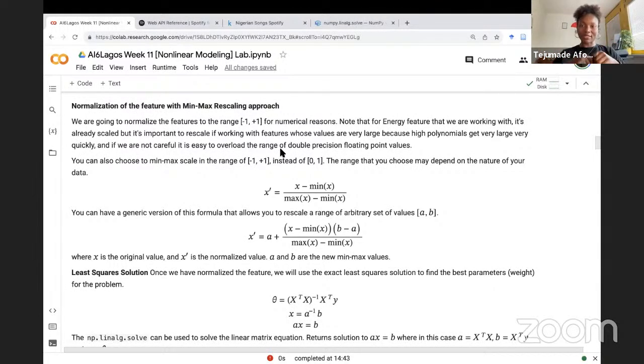If you have a high order of polynomial, the numbers can get big very fast, which becomes difficult for your computer to represent exactly, because it will be over the range of your double precision for the floating point value.